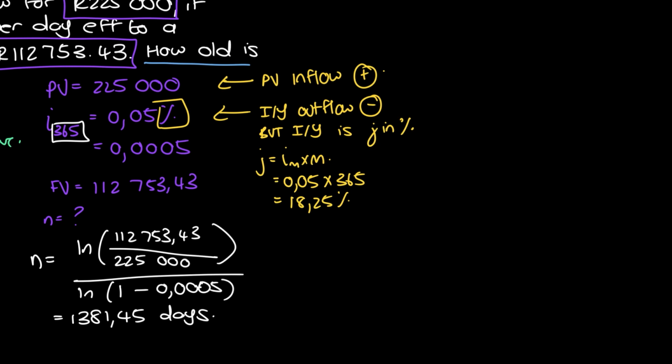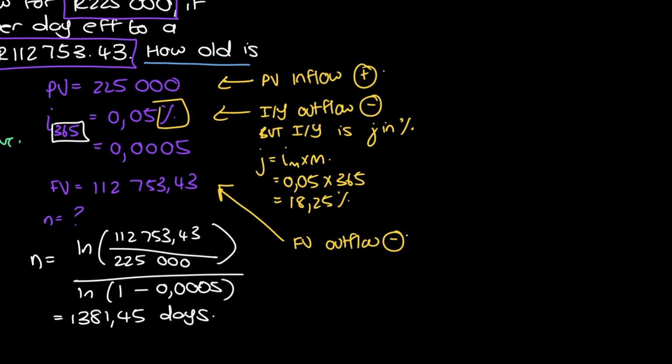Then we have our future value. Because our present value is positive, our future value is going to be negative. So we're going to say future value is an outflow. That means it's going to be negative.